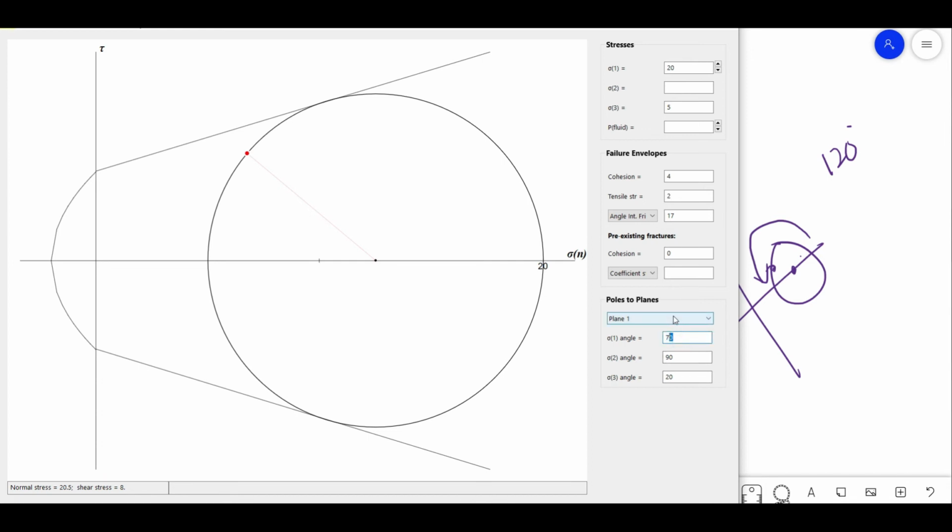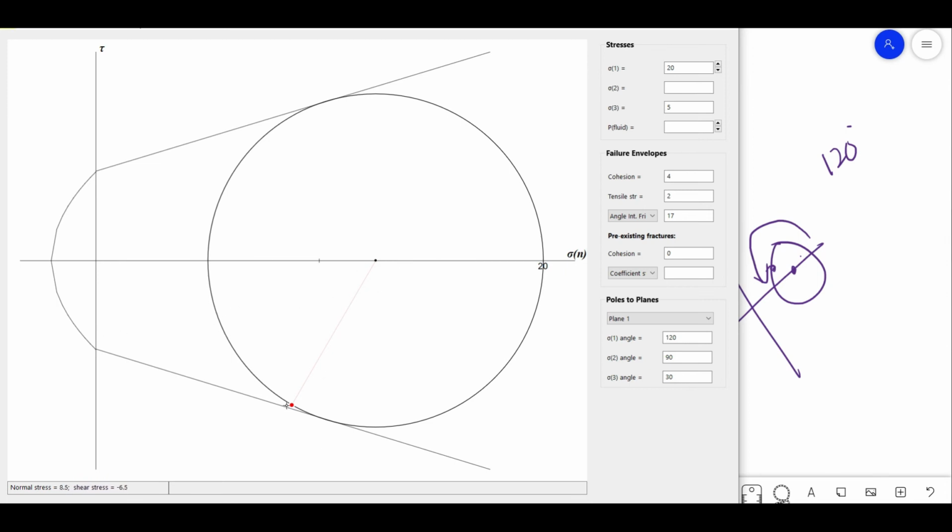Similarly, if we take it as 120 degree, okay, sorry, my bad, 120 degree. Now you can see this point is shifting to the lower hemisphere of the circle, that is 120 degree. That means 120 plus 120 is equal to 240, and this point is 180, and from here again we have to count 60 degree.